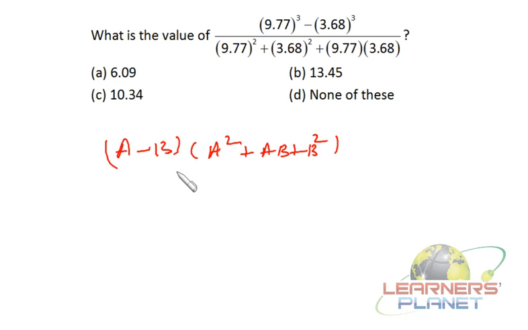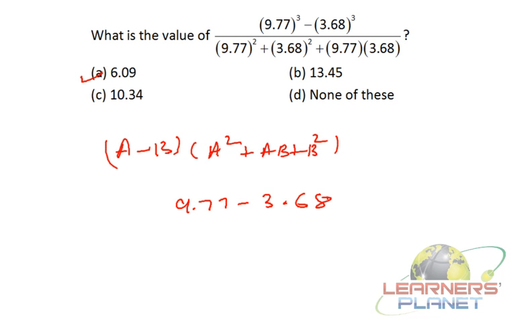So finally we are left with only a minus b, that is 9.77 minus 3.68. So 9.77 minus 3.68 will give us 6.09. A very simple application of algebraic formulae. I hope you are clear with the method.